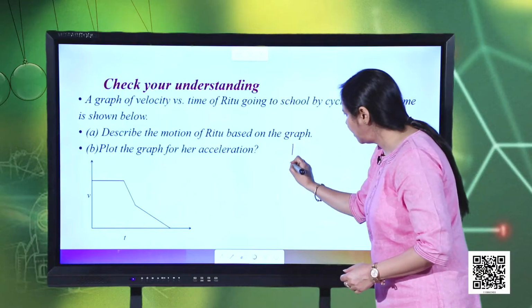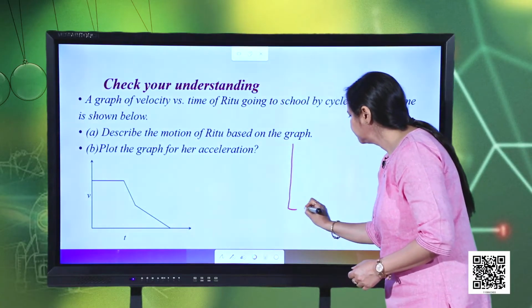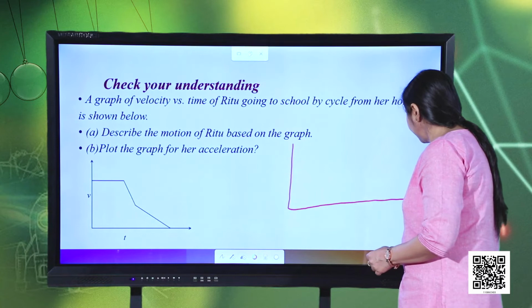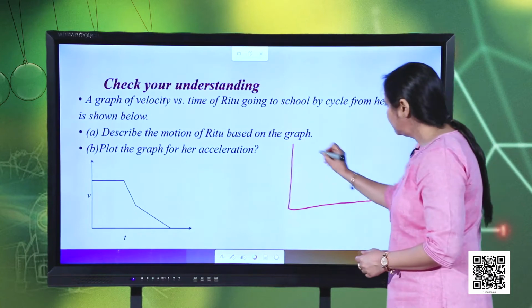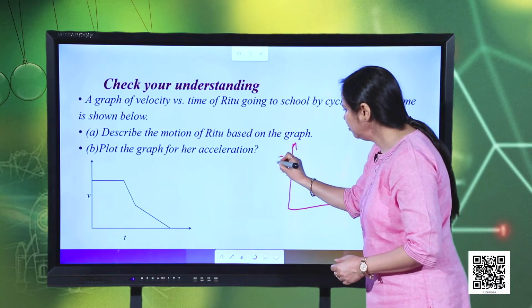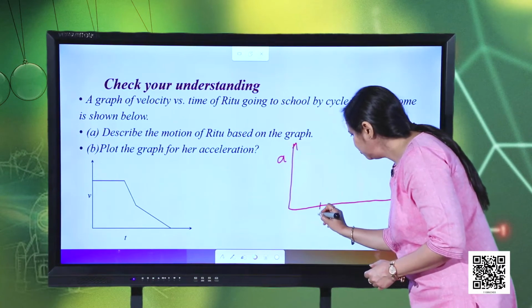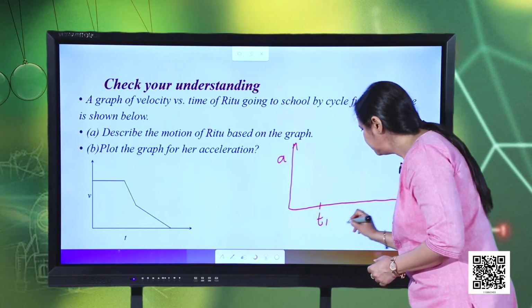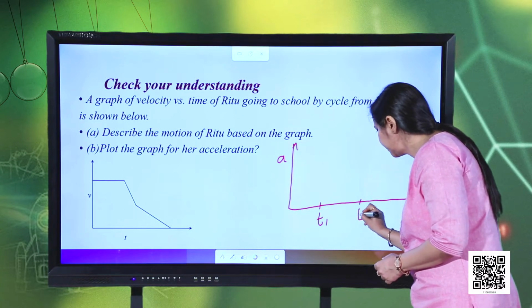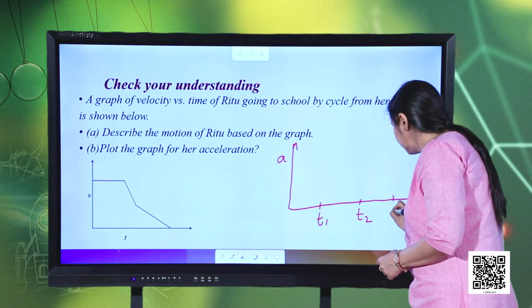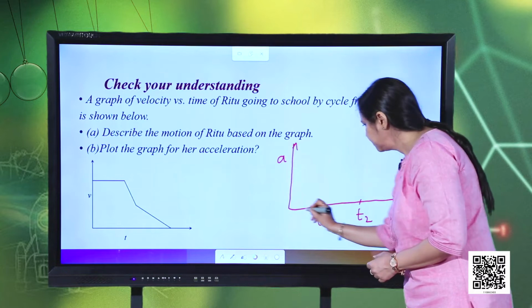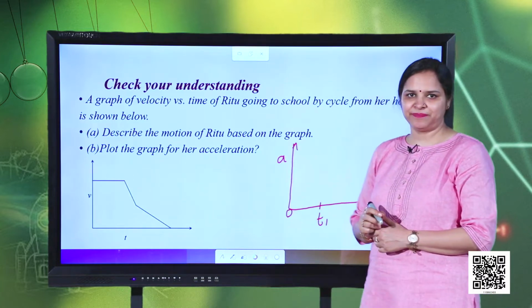Suppose I consider time along the x-axis and acceleration along the y-axis, and I label the time durations as t1, t2 and t3 starting from 0 time.